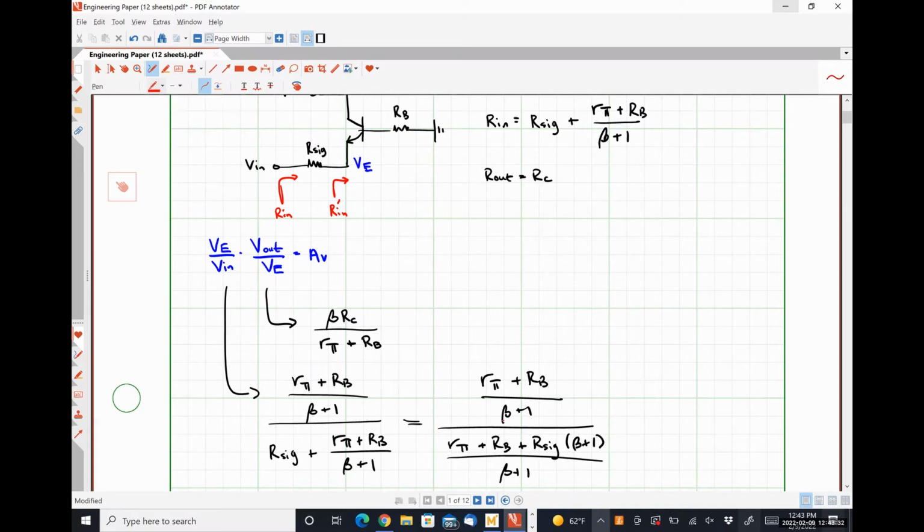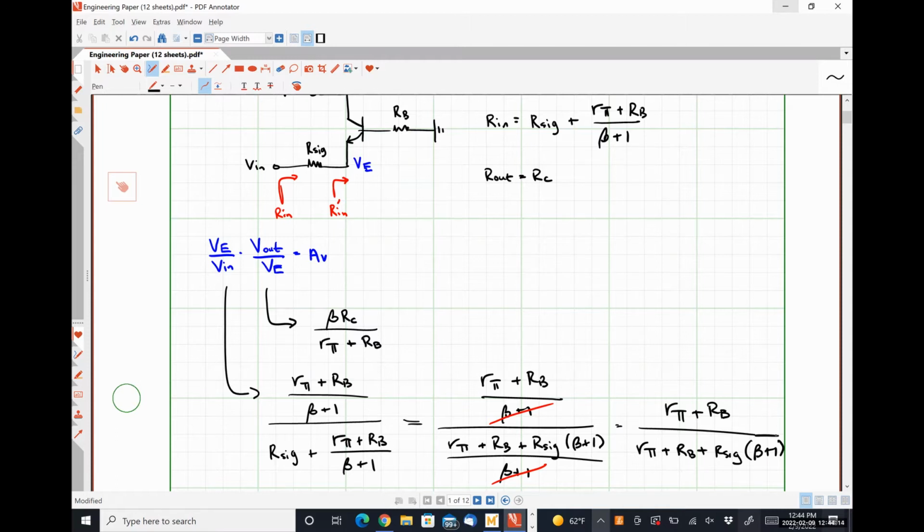The result here, this guy cancels this guy, and I'm left with R pi plus RB divided by R pi plus RB plus R sig times beta plus 1. So finally, if I multiply this by this, I have an R pi plus beta in the numerator and an R pi plus beta in the denominator.